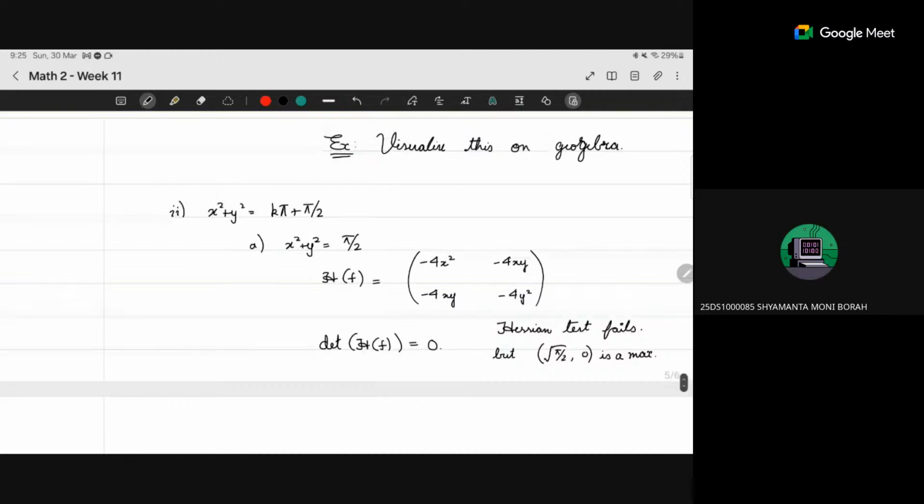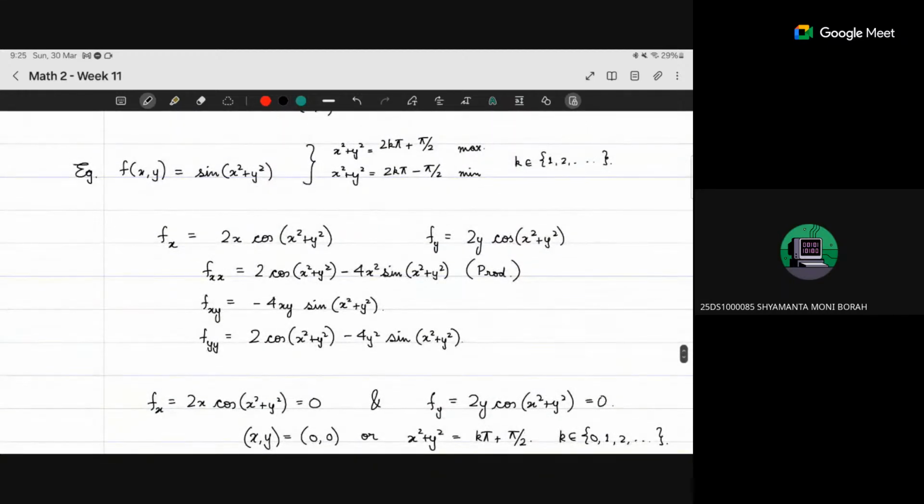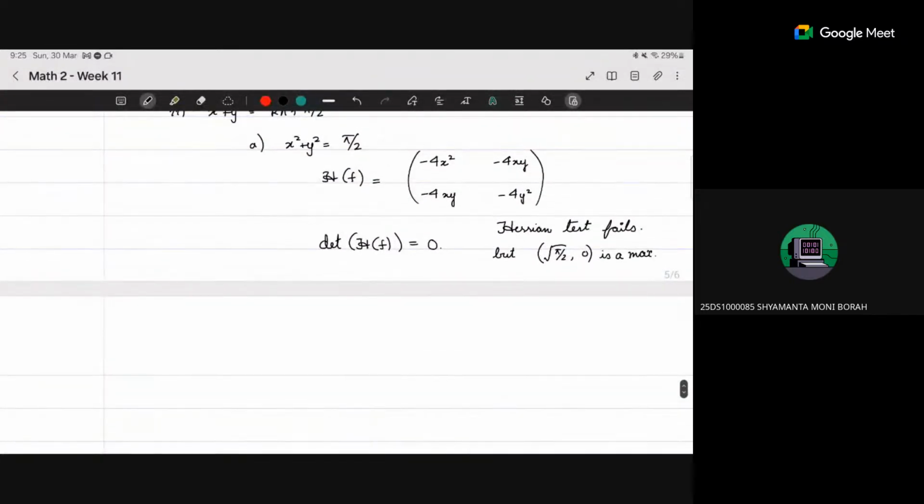What I'm saying is that the Hessian test fails to tell you it's a maximum, but I know that it actually is, because if I put x square plus y square equal to pi by 2 in the function expression, I get sine of pi by 2, which is 1, and the function can never go beyond that. It is sine of something, which is at most 1 and at minimum minus 1. So the point root pi by 2 comma 0 is a maximum, but the Hessian test does not detect that.